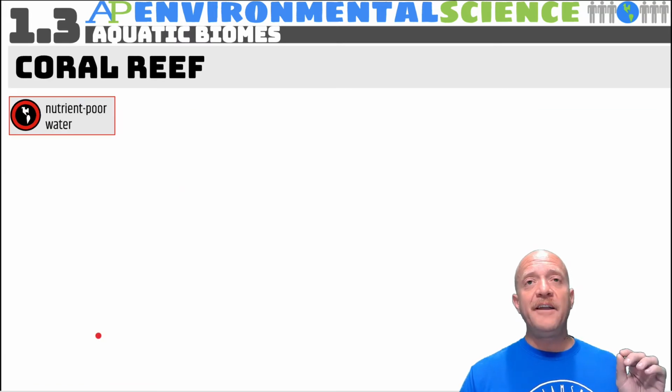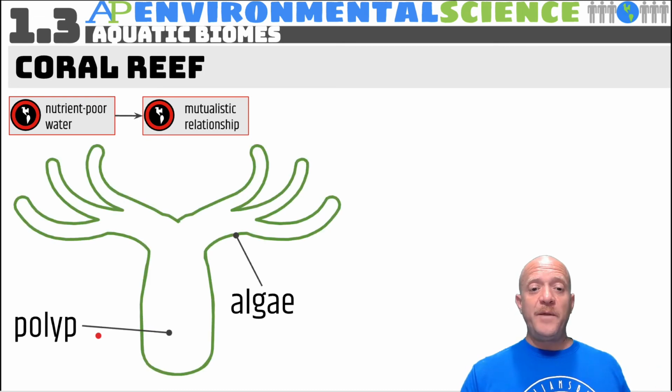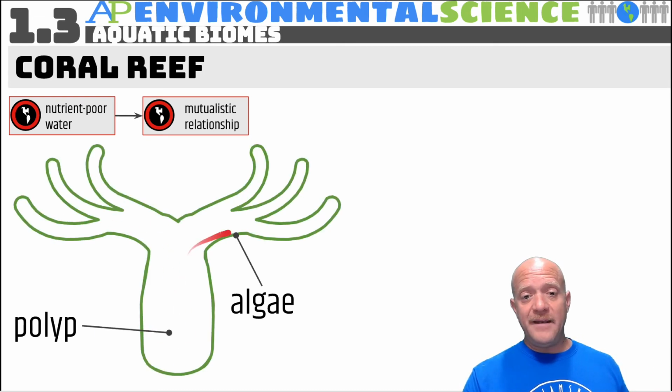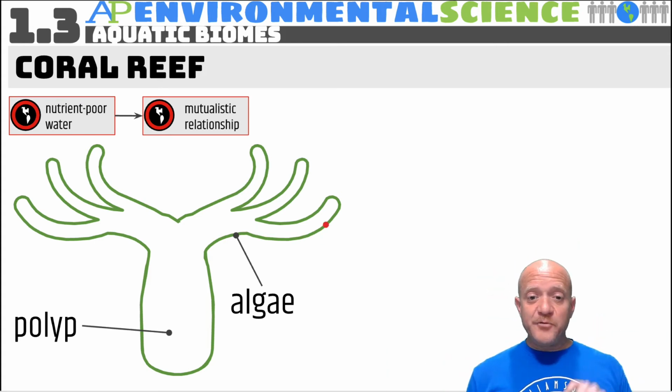Coral reefs have incredibly nutrient poor water, and therefore the coral need to form a mutualistic relationship. So we have the coral polyp, and basically it looks like an anemone, and this is really small.